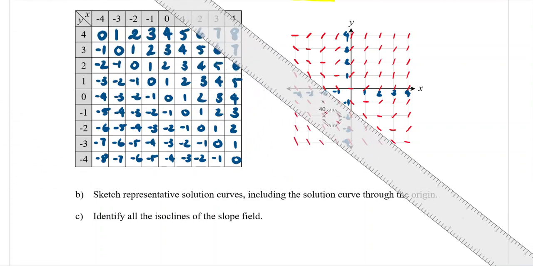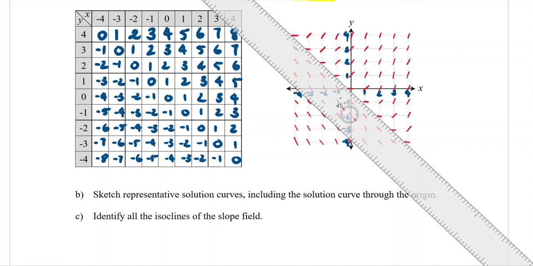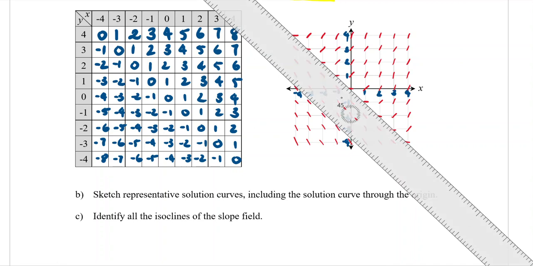So down this line, the y equals -x line going through the origin, all of those gradients are 0. So it's saying that is a solution to the curve because they're all gradients of 0. I'm going to draw a dotted line going through there in green.